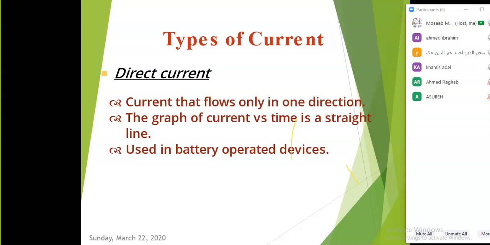Bulbs in your home use AC current, but torches depend on DC current. In the home, AC current. But in torches, DC. Electric car, it works on what? On AC current. DC current, sorry.